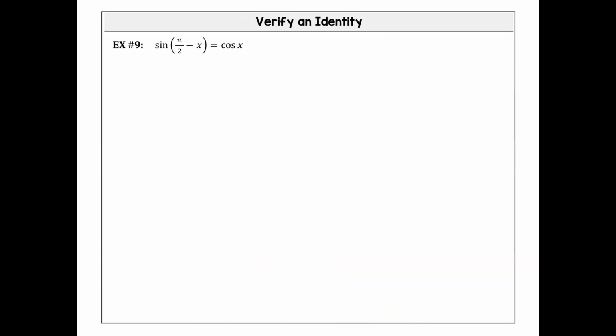All right, so now I would like for you to try this one. So we know that the end game here is cosine x, right? So keeping in mind the formulas that we used, what should we do? Somebody tell me.